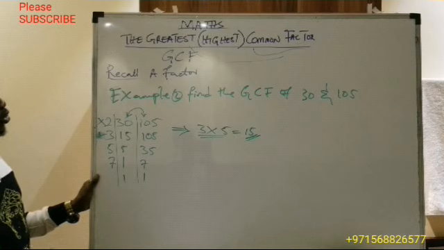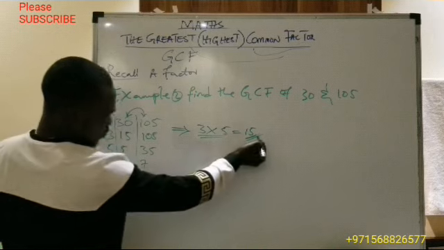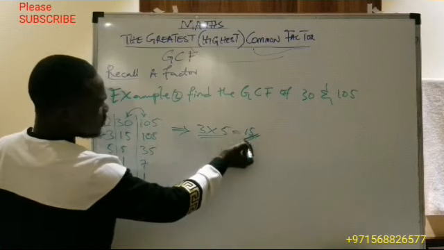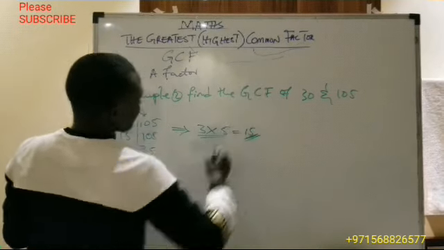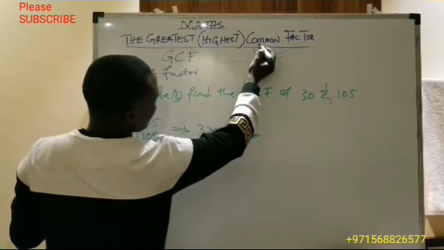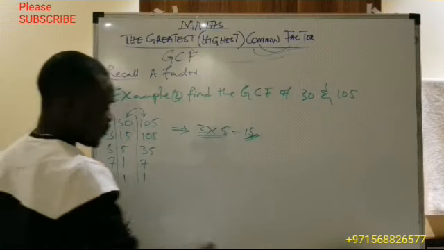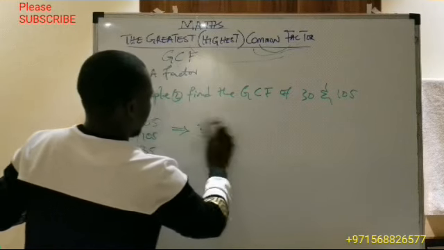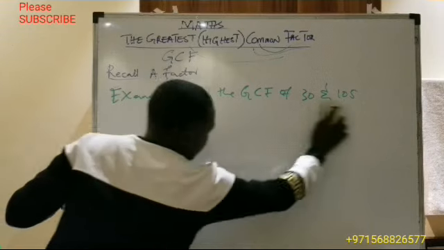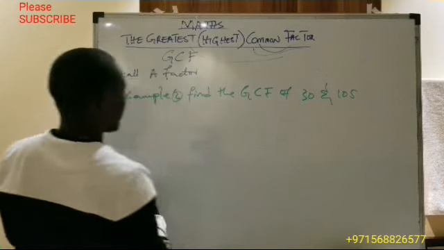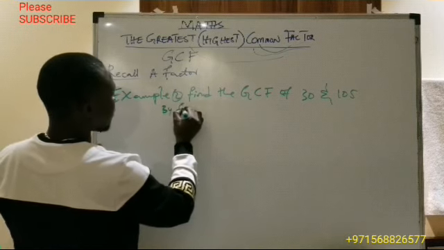Are we following? So, we'll now use the second method by factorization to check if this answer is correct, and at the same time use it to understand what we mean by common factors and the greatest common factor. The second method is by factorization.